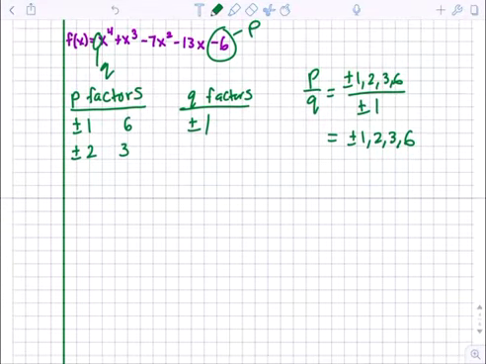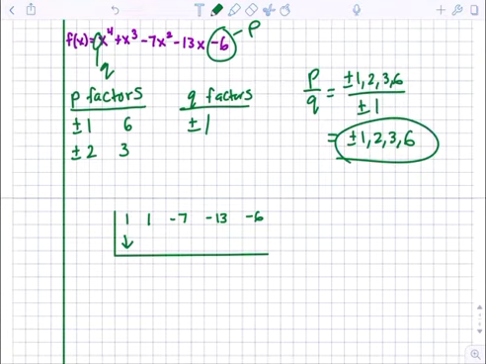Okay, so coefficients. Coefficients are 1, 1, negative 7, negative 13, and negative 6. So we got to pick a possible root from there.